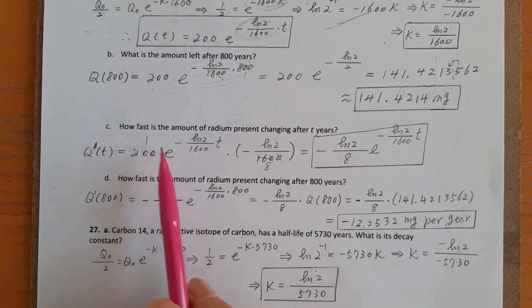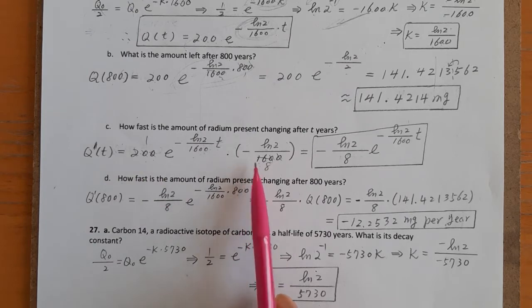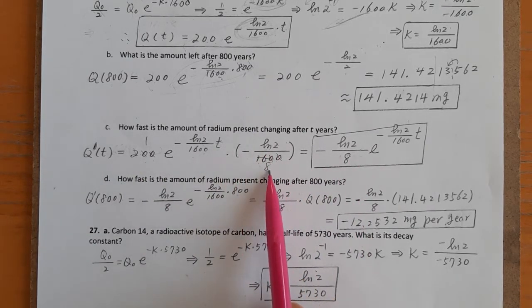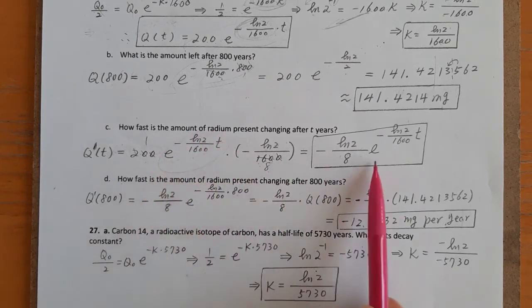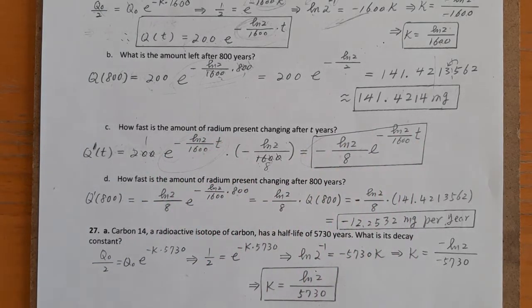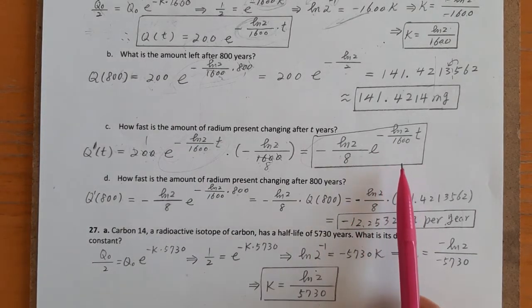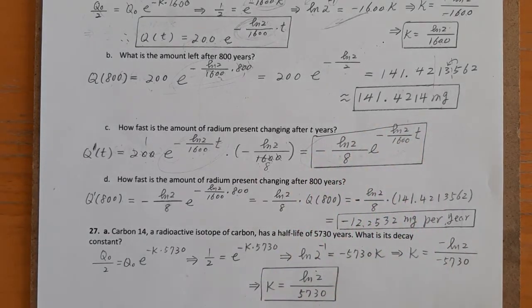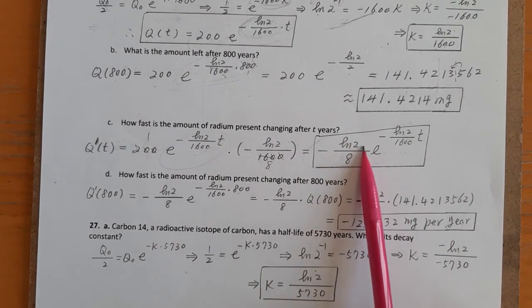Here 200 over 1600 cancels, getting 8, so negative ln 2 over 8, times this, and you get this function. That's Q prime, how fast the amount goes per year after t years. The rate of change is this one.